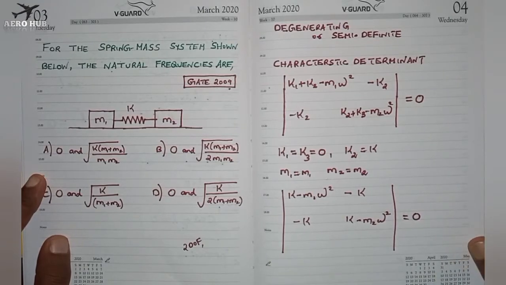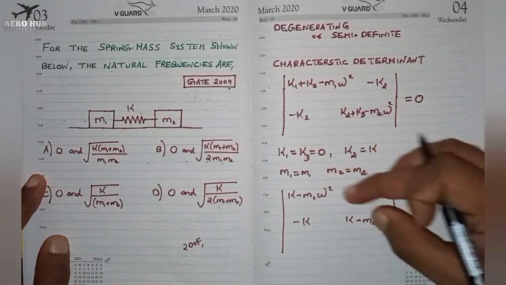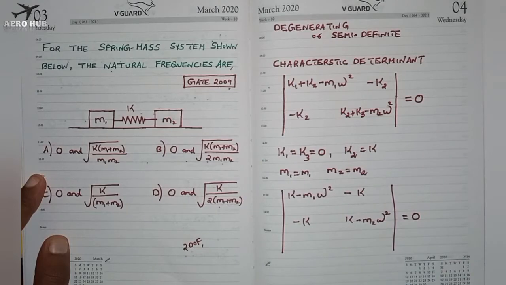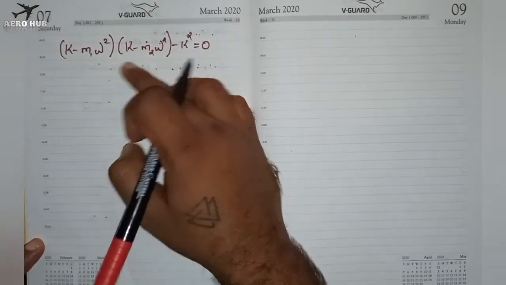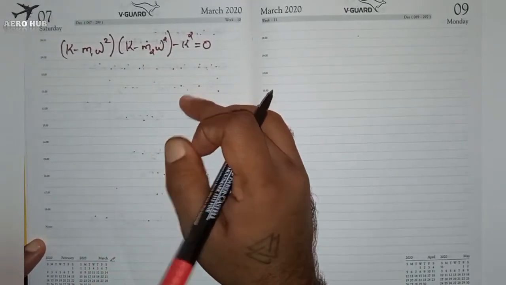You cross multiply and simplify, and I will get the characteristic equation of the above system. This is the equation I am getting from the determinant, and again I will simplify it.